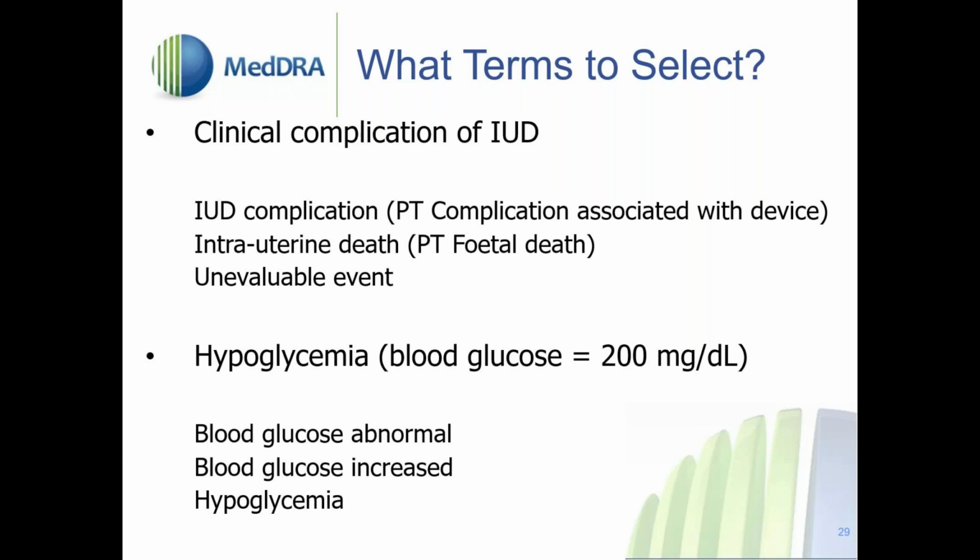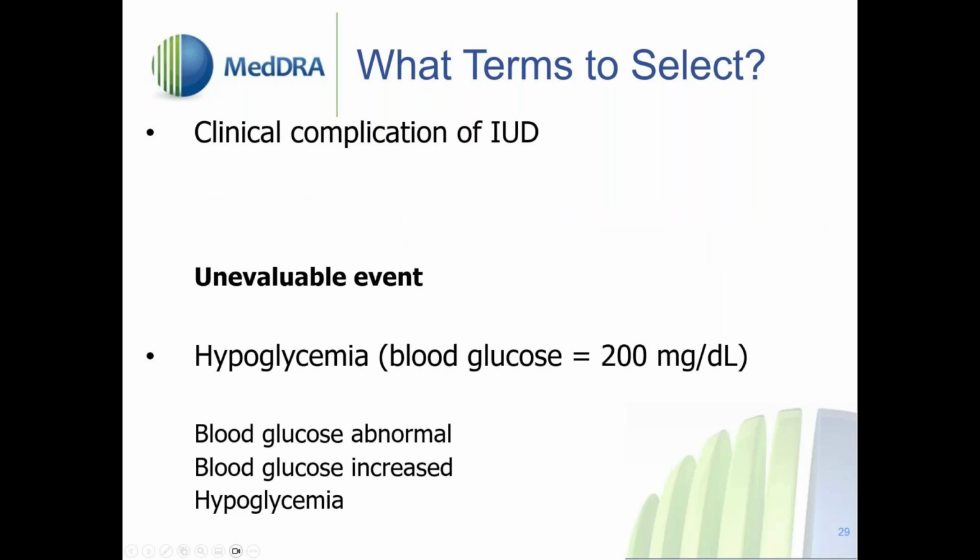So you can't really assume that this is an IUD device, and if you're not sure what it stands for, then you can't really tell if this is happening to the patient or to a device or if it's something else. So in the first example, the best approach would be to use the unevaluable event. We know something happened, we just don't know if it happened to the patient or outside of the patient.